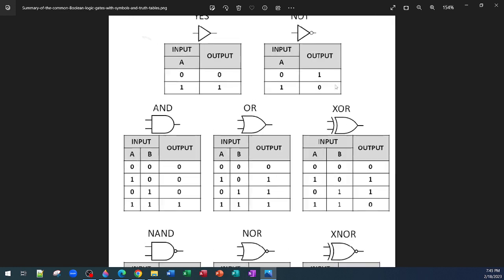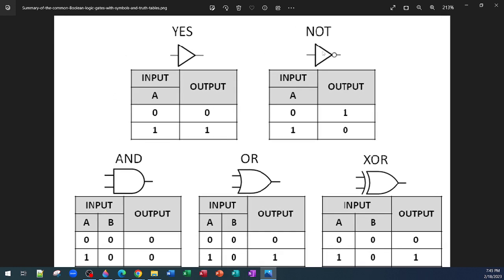So as I was telling you, the first one we looked at, the not. The not only has two values, only two states, 1 and 0, on and off, true and false, whatever the case may be. So the not is at the top right. If you have 0 in one column, then the other column will be 1.